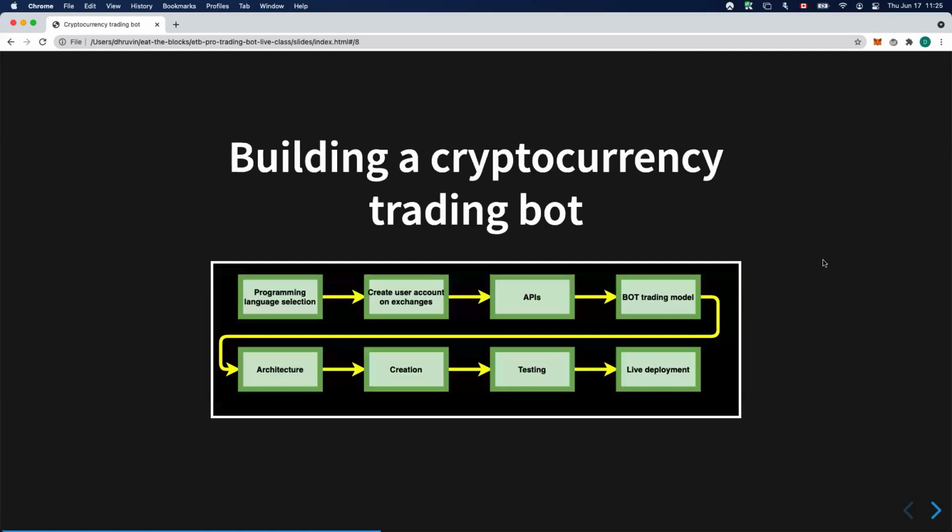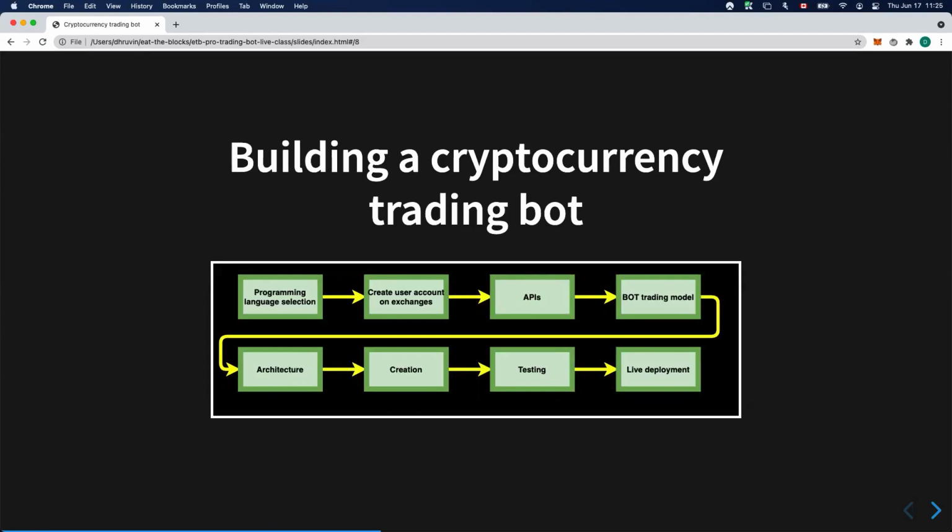So that's the theoretical portion or background information we need before we dive into programming a cryptocurrency trading bot. The very first step is the selection of the programming language.